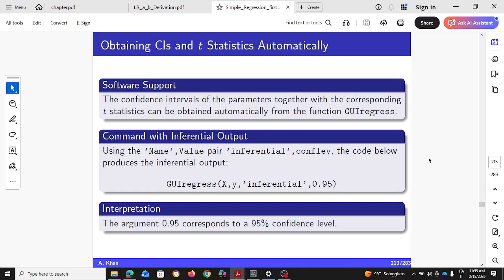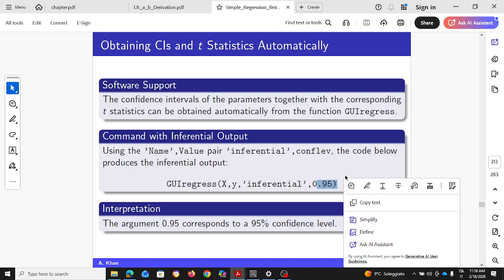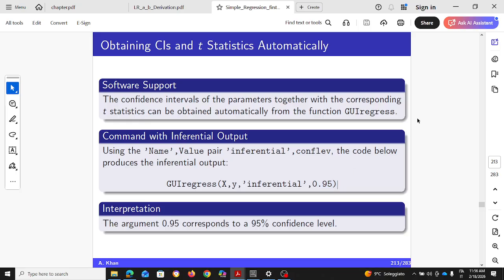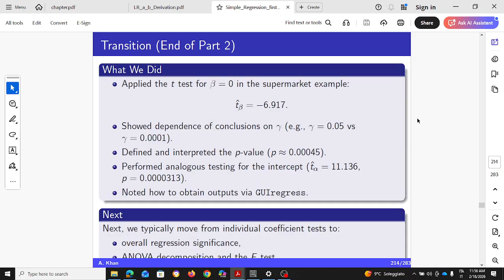So we reject the null hypothesis, and we can do all this inside MATLAB with this function. What we do here is put our x value, y value, inferential, and the value of the confidence interval, which is 95%, so we say 0.95. Okay. Now, a summary of everything we did is available for you.